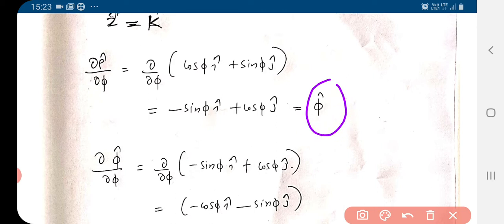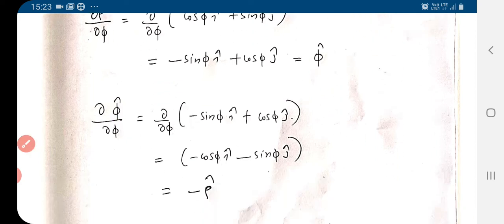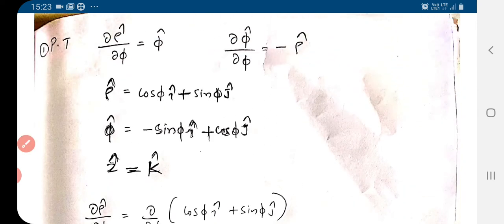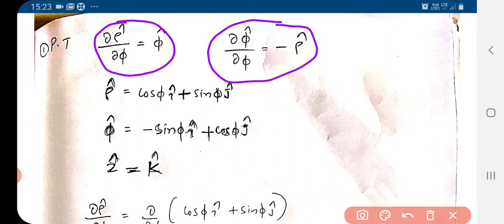Same way, if I differentiate the unit vector phi with respect to phi, we know unit vector phi is this, so as I differentiate, I will get minus cos phi i minus sin phi j, which is minus of unit vector rho. So we have now proved these two results.